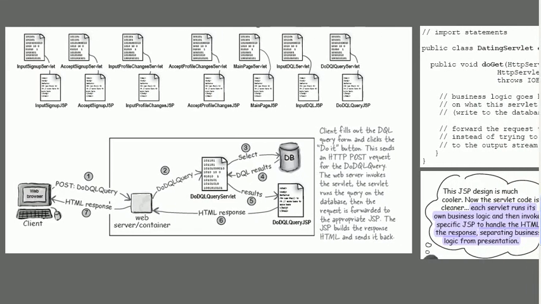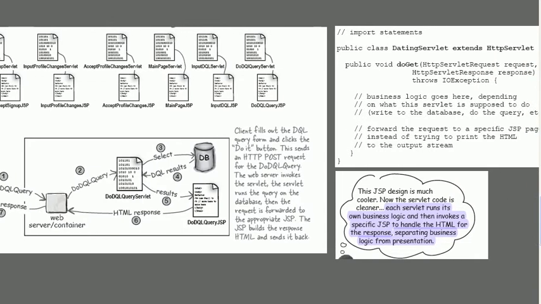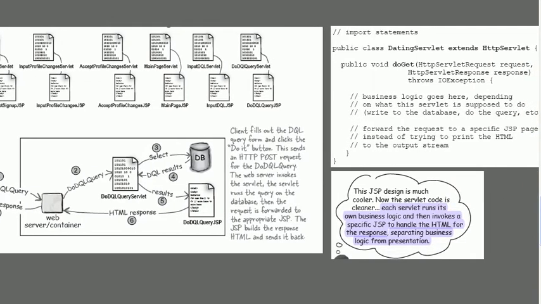What should be noticed is that the servlet is processing business logic, whereas the JSP contains the response HTML, that is just a view. So each servlet runs its own business logic and then invokes a specific JSP to handle the HTML for the response, separating business logic from presentation.